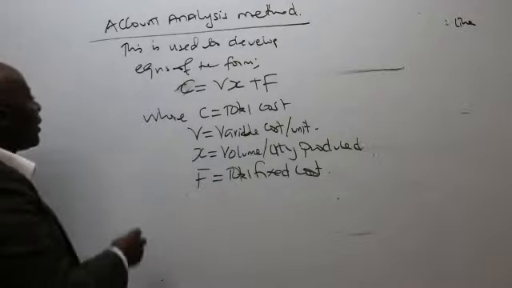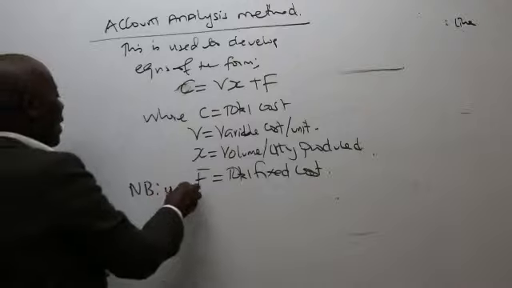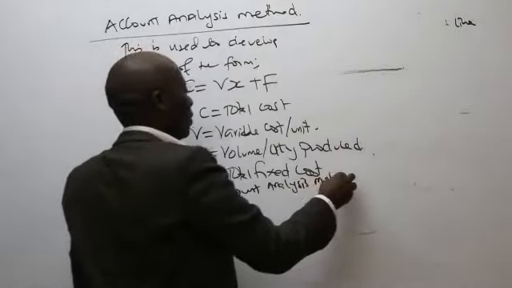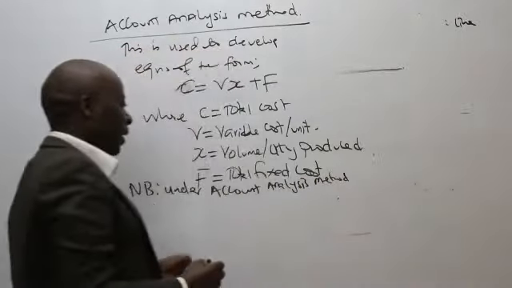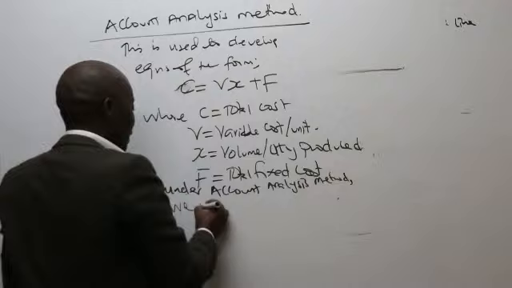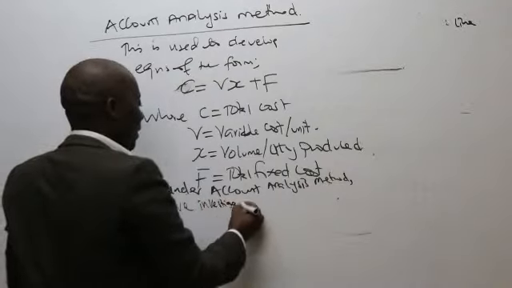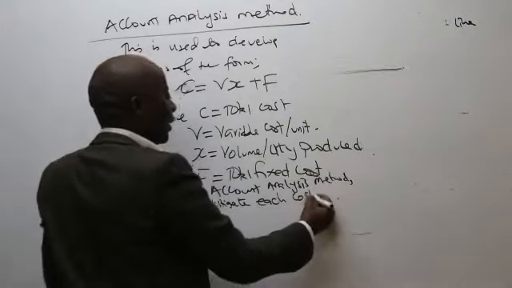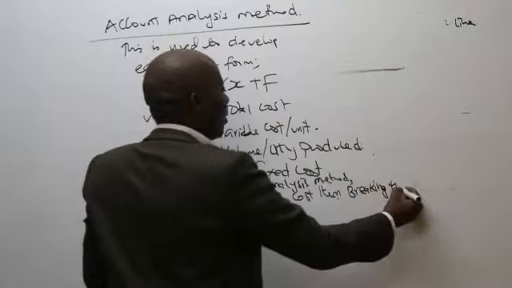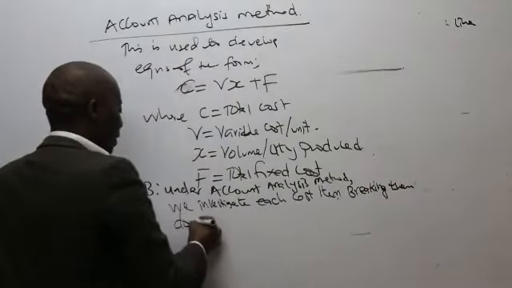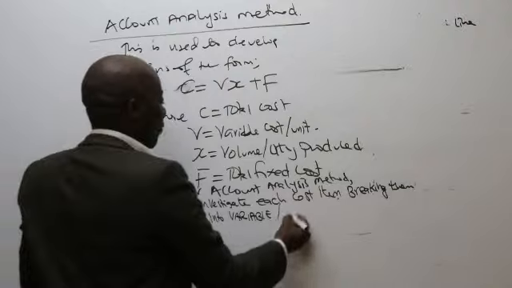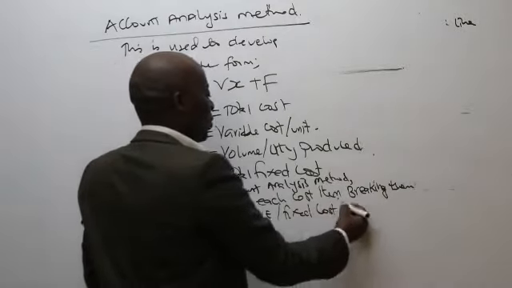The other thing you're supposed to know is that under account analysis method, we investigate each cost item, breaking them down into variable stroke fixed cost components.